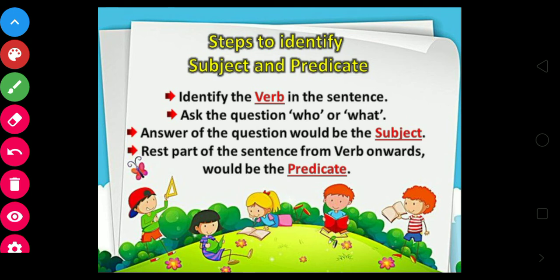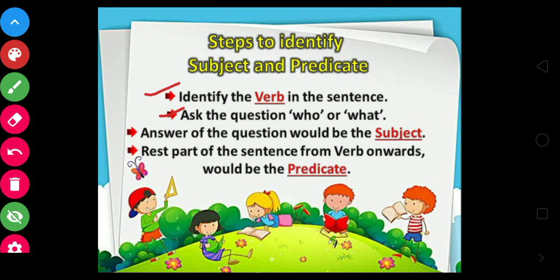First, identify the verb in the sentence. What will we do first? First we will search in the sentence for what the verb is. Okay, then we will ask the question who and what. Then, on the basis of that verb, we will ask the question that the action is being performed by whom and what. Okay, or what we are talking about. So we'll ask the question who or what.